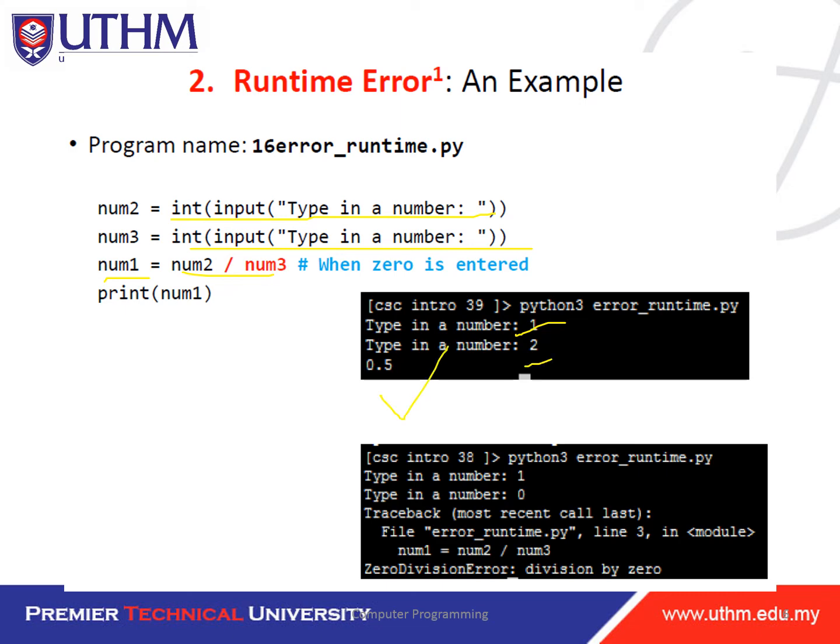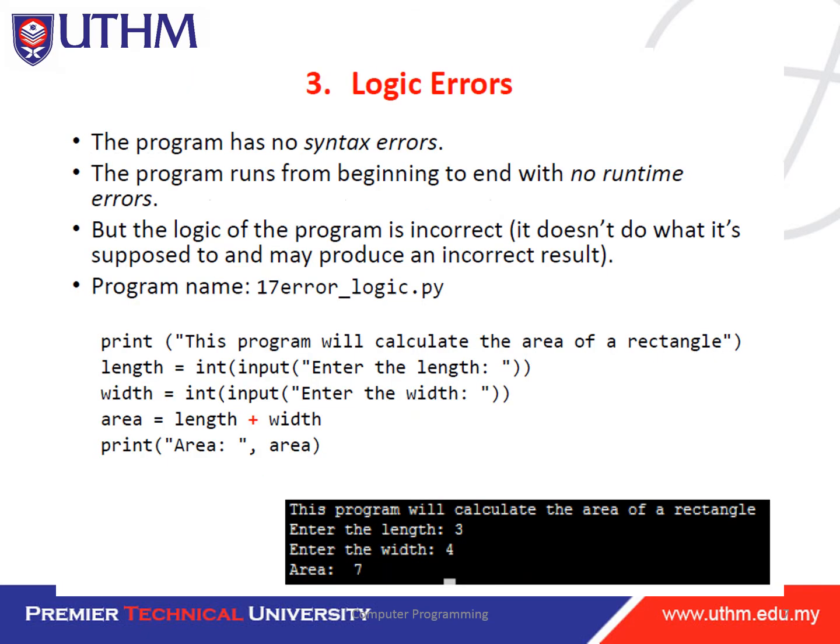This one is correct. However, when you type number 1 and another number 0, when you run 1 over 0, it will give you a runtime error. You will not get any answer.